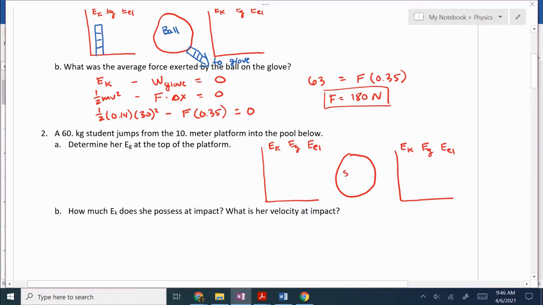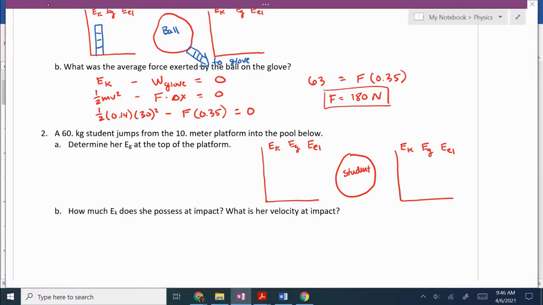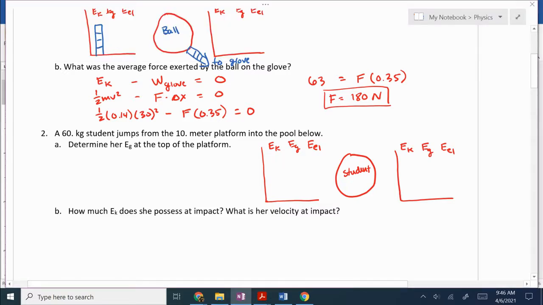We'll put the student in the system, and they start out with gravitational energy because they're up there on that platform, right? Ask yourself, are they moving fast? Are they up high? Do they have a spring?